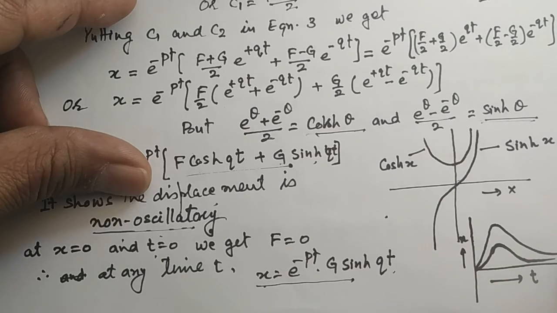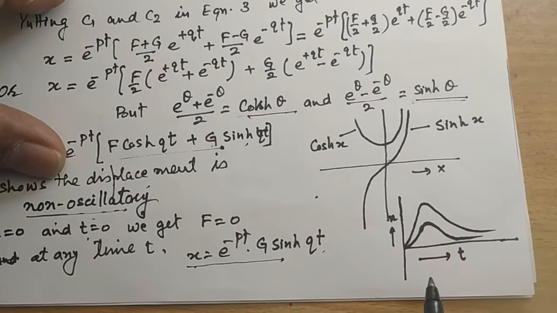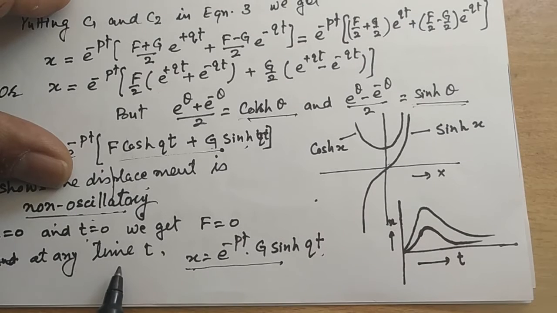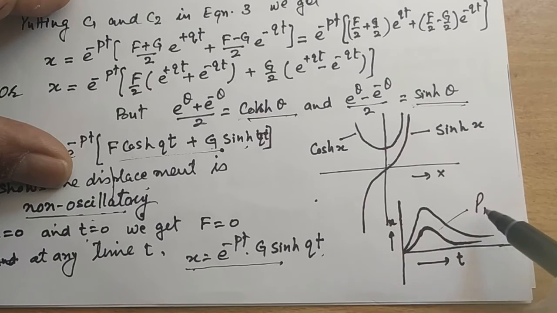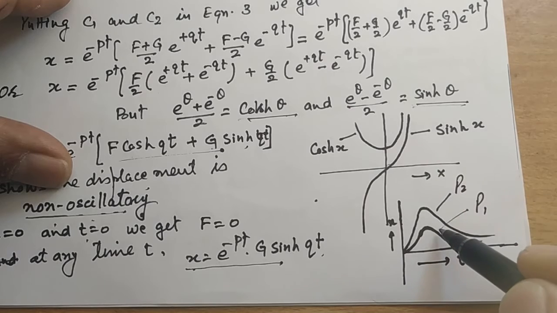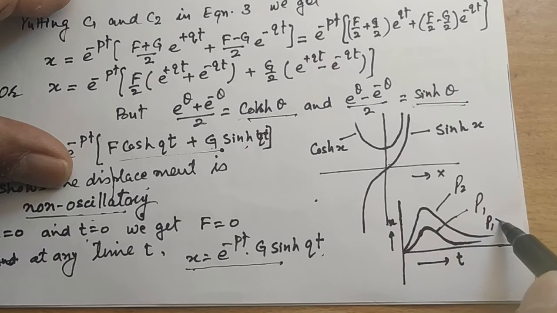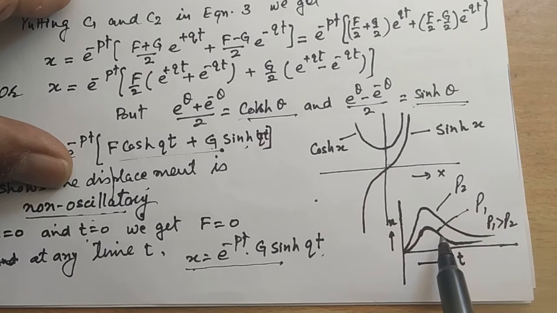In case of high damping, P is more, then such a graph will be there, and if P is less, then such a graph will be there. So two graphs with different P's are given. If we take this as P1 and this as P2, then you will certainly say that P1 is greater than P2. That means the damping factor here is more, so the displacement is less.